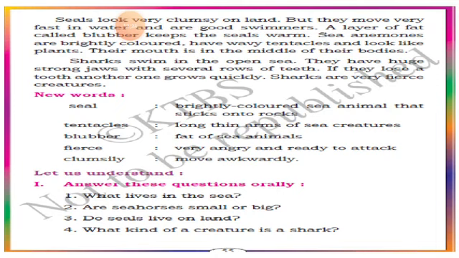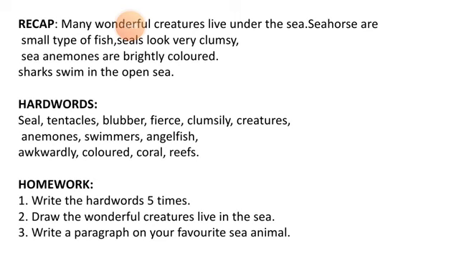Okay, children, we finish this small lesson under the sea. So just a recap. Many wonderful creatures live under the sea. We have seen today seahorses, which are a very small type of fish.